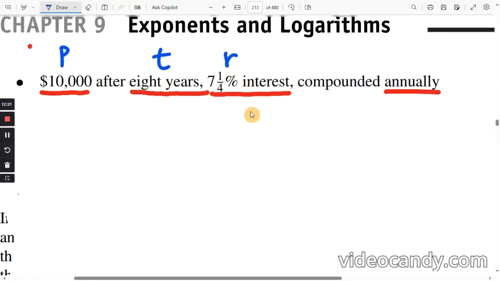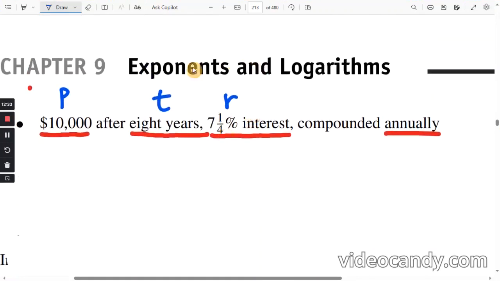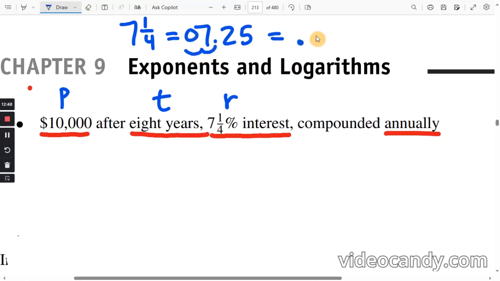However, 7 1/4 is the same as 7.25, but you need to move that decimal over 2 places and add a 0. So the interest rate R is actually 0.0725.